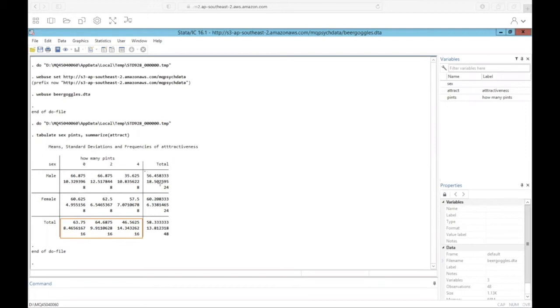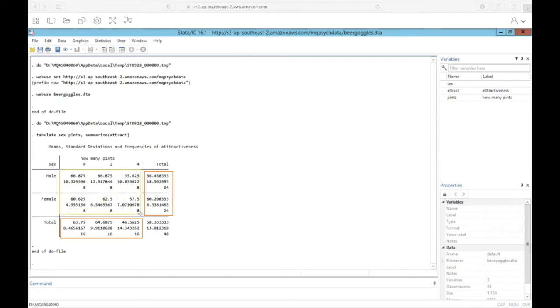Similarly, we have the marginal means for gender, so the attractiveness ratings provided by males and females, regardless of alcohol consumption. Again, these are considered the marginal means.